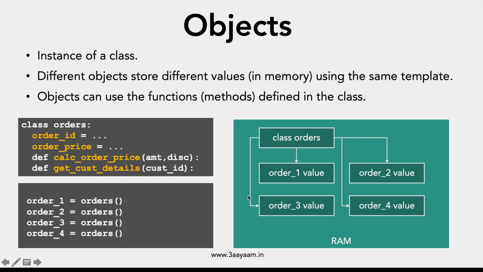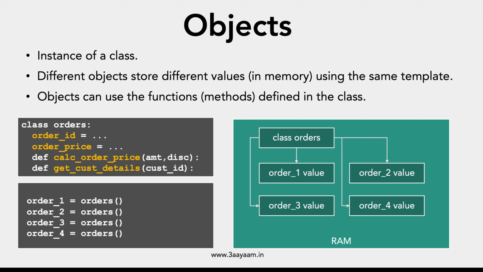Again, imagine that we are creating a string. If you create multiple variables of type string, all of them are instances of the same string class, but the values are different. Let's say in variable 1 we pass Python, in variable 2 we pass Java.